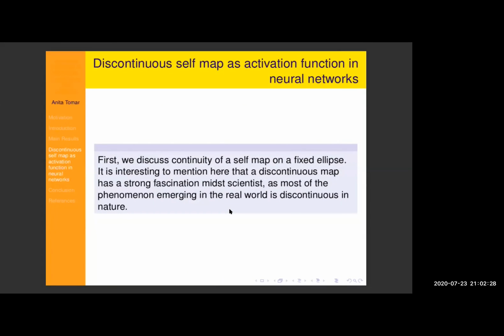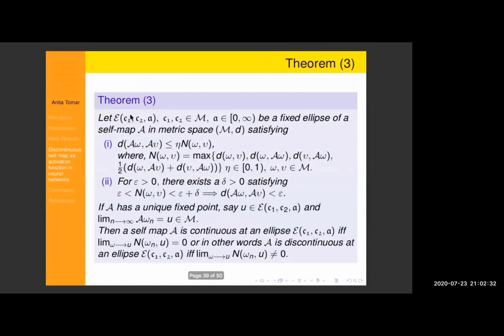Now we will discuss the continuity of a self-map on a fixed ellipse. Suppose this is the fixed ellipse of a self-map A in a metric space M, d, where the distance of AW and AB is less than or equal to eta N(W,B), where N(W,B) is defined like this. Suppose for epsilon greater than 0, there exists a delta greater than 0 satisfying this condition.